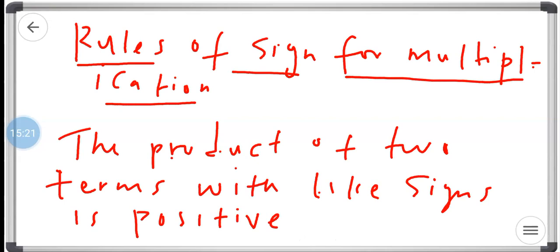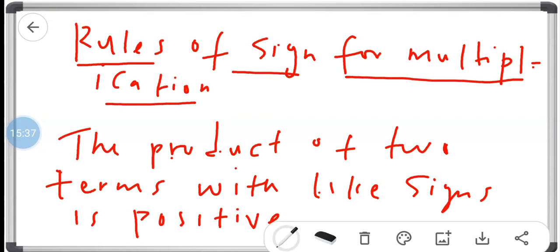So that's the rule we'll be using here. So when they are like, the result is positive. When they are unlike, the result is negative. So please get that. When they are like, the product is positive. When they are unlike, the result is negative. So let's consider a few examples.